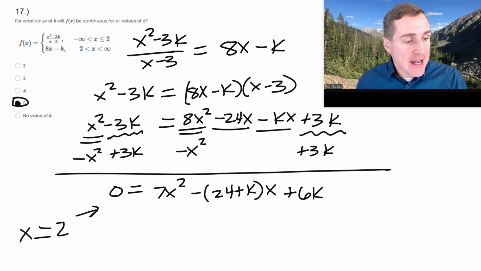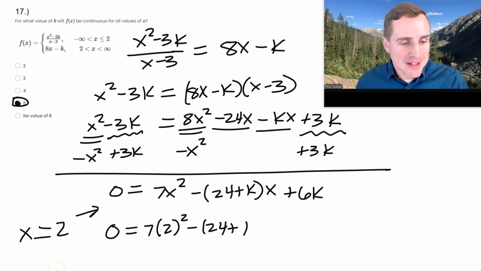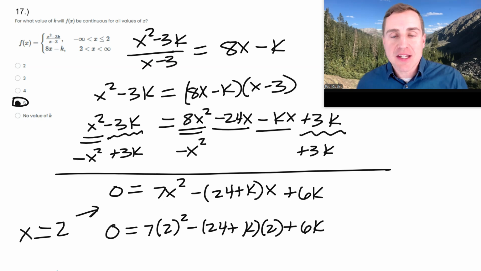So let's plug that in and then we'll find k. So we've got 0 equals 7 times 2 squared plus (24 plus k) times 2, with a minus in front, and then plus 6k. All right, so this is exactly what we're going to have for solving.